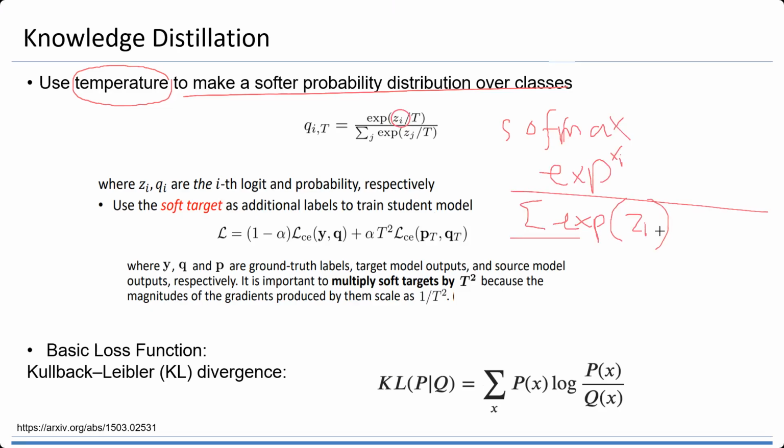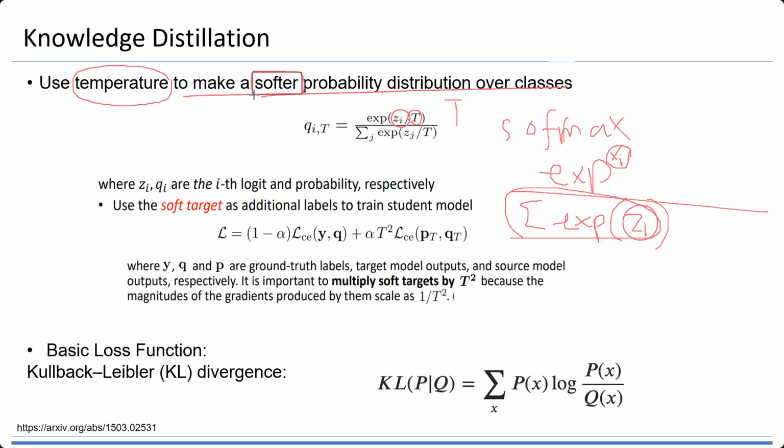So it means we do the summation over all values in z. But now we do not want to use only the z value. We want to use the temperature T. So T is the temperature and it is to make it softer.